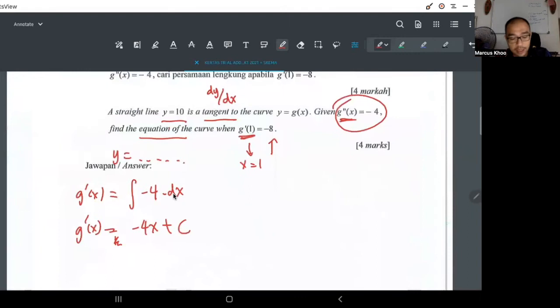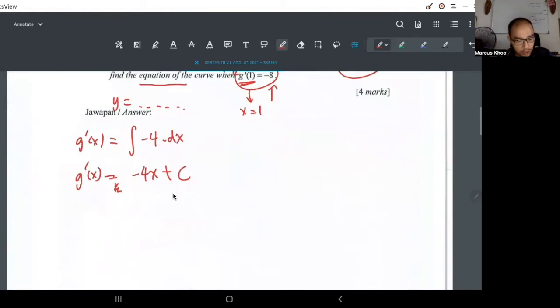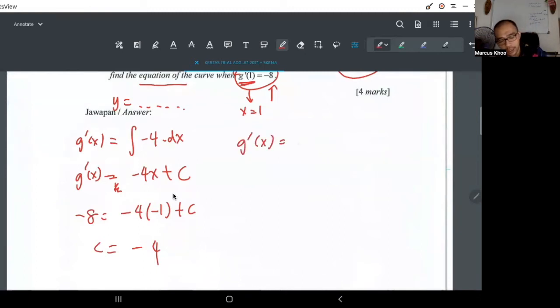They give us this information: when x equals 1, g prime 1 is negative 8. So negative 8 equals negative 4 times 1 plus c. I will get c equals negative 4. So g prime x equals negative 4x minus 4.